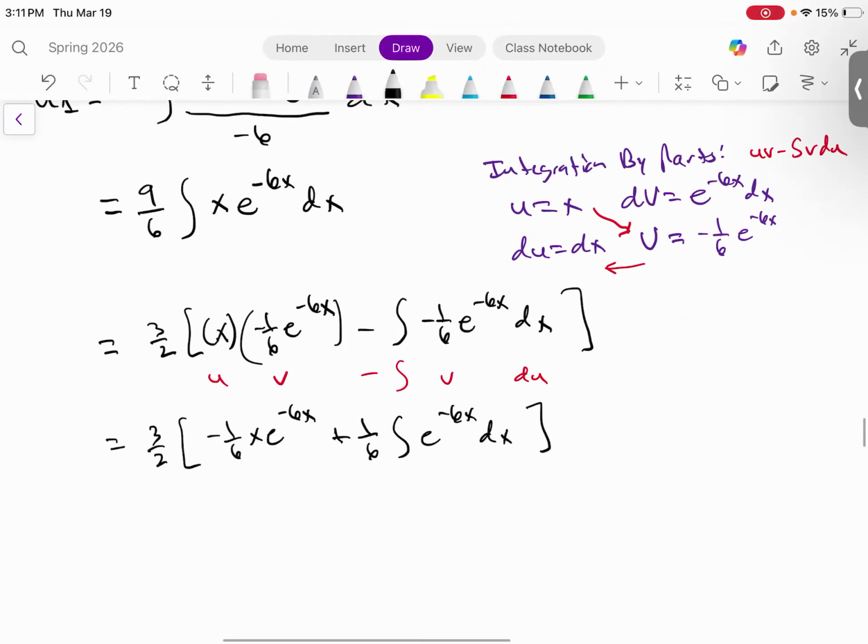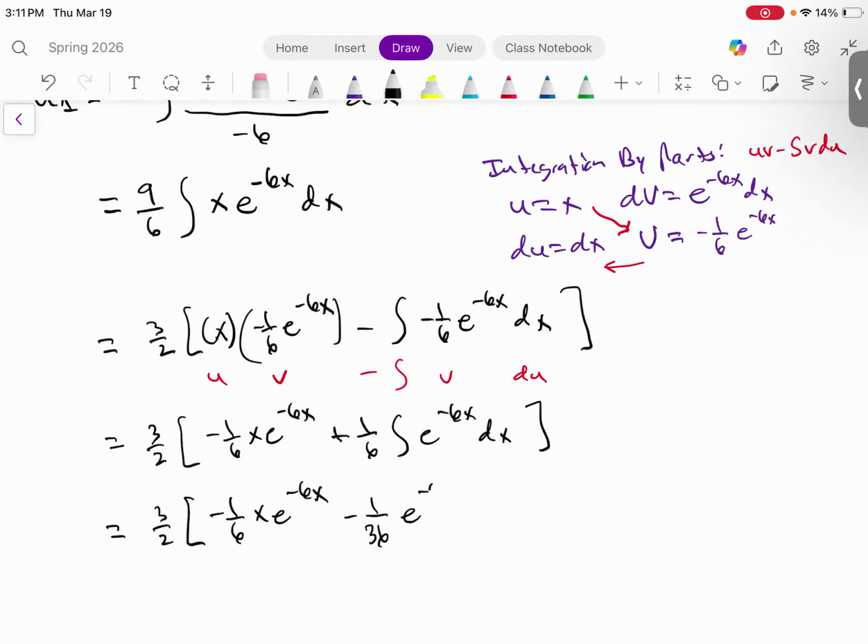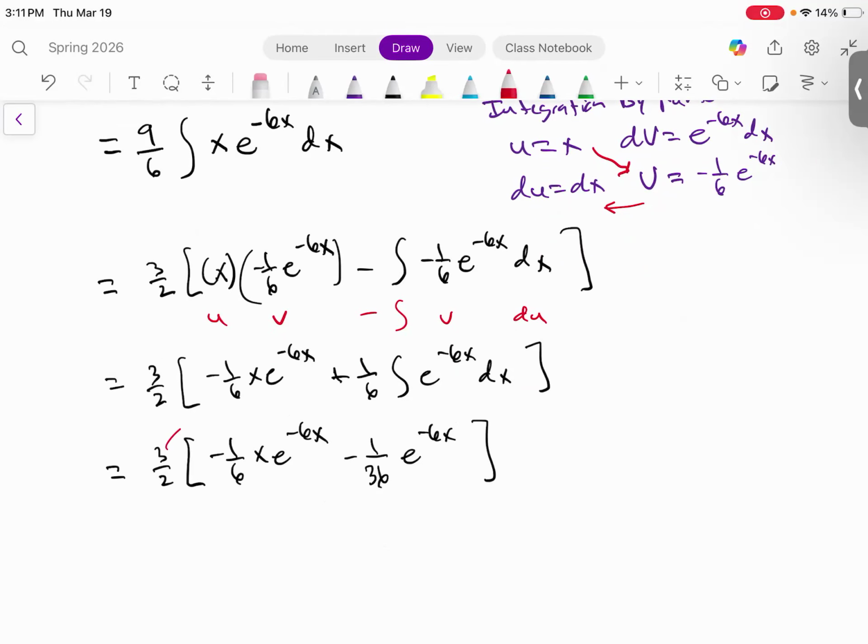All right, so we just need to integrate e to the negative 6x. We did that a couple times already. So this is going to be 3/2 times negative 1/6 x e to the negative 6x minus 1 over 36, because 1 over 6 times negative 1 over 6 is negative 1 over 36 e to the negative 6x. And then we distribute in the 3/2.